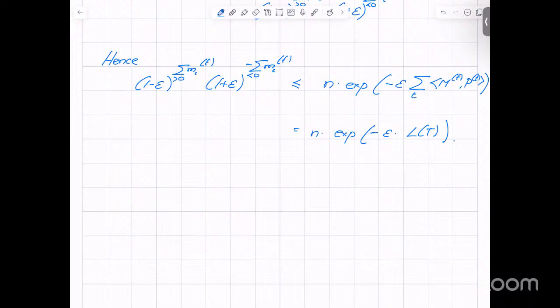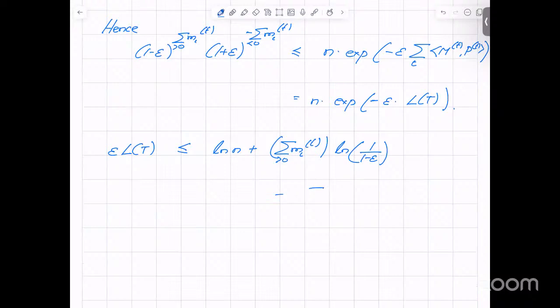We're going to have epsilon LT, less than or equal to ln n plus the summation of MIT greater than 0 times ln of 1 by 1 minus epsilon, minus the summation of MIT less than 0 of ln of 1 plus epsilon. Is that right?